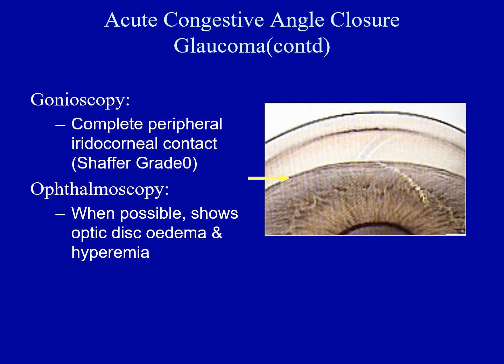No angle structure is visible. Normally ophthalmoscopy is not possible, but when you have made the cornea relatively clear with glycerine, you can see the fundus, and possibly the fundus shows disc edema, hyperemia, and hemorrhages.